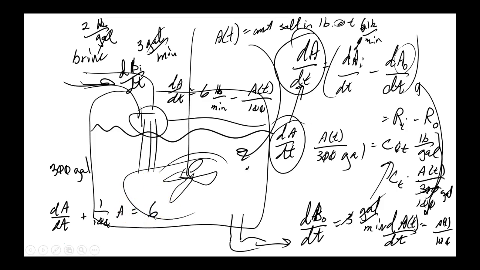We just added that to this side. And this is what we later are going to call the general form for a linear differential equation. The derivative, some function of the dependent variable, and the output over here. So there is your differential equation. So we've done that.